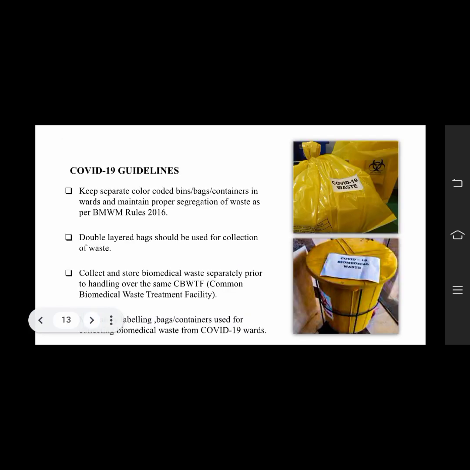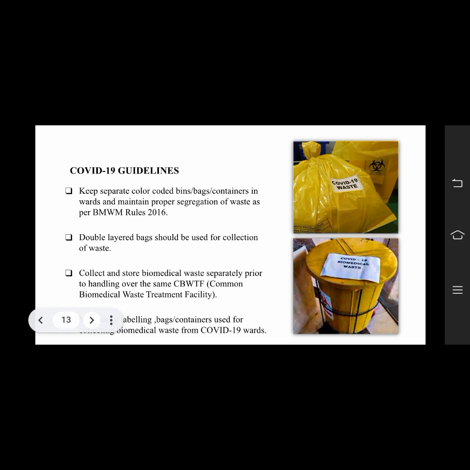Okay, so now coming to the most important part, that is the present, just 2 years back, the COVID-19 case. Because this is a very infectious disease, very appropriate management of waste generated from the areas where COVID-19 is infected is very important.